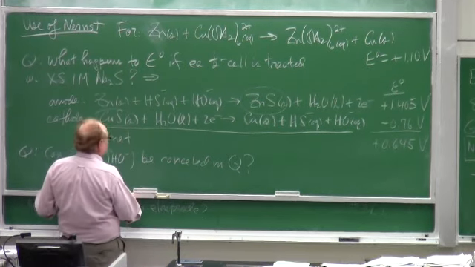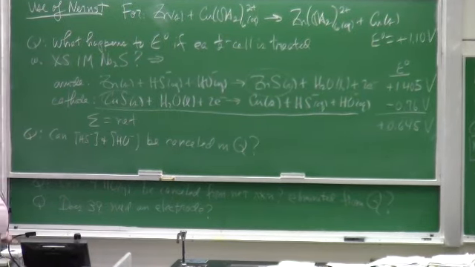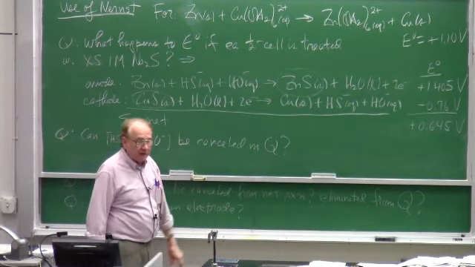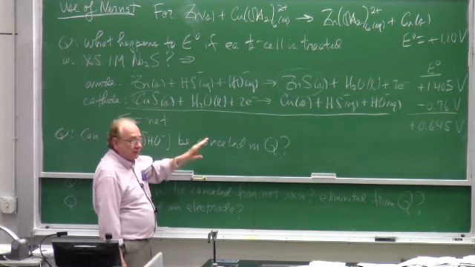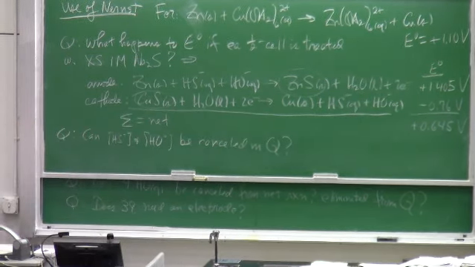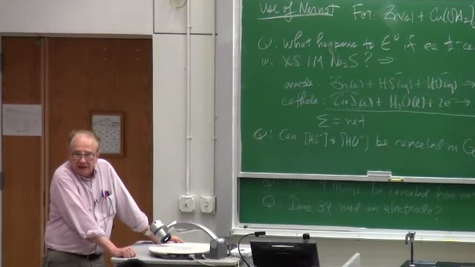Now then, you can add them up to get the net reaction. In the net reaction, you're going to get hydrogen sulfide ion and hydroxide ion as reactants as well as products. Which means that hydrogen sulfide ion and hydroxide ion will appear in the numerator as well as the denominator of the Q expression, unless you cancel them. Can they be legitimately canceled?